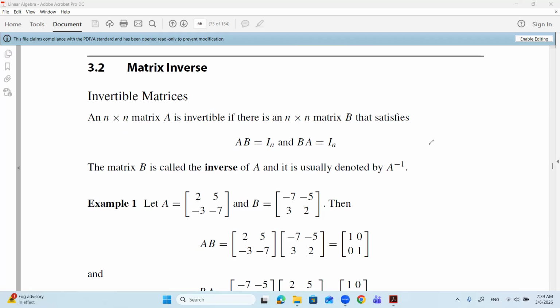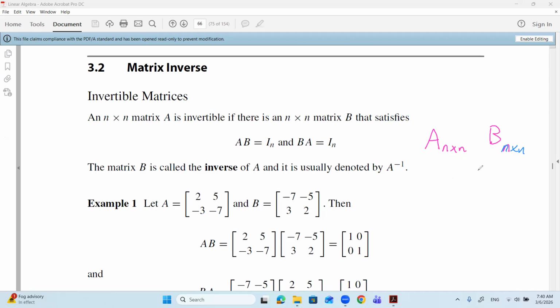So in order to multiply A and B, we know that the row number of B has to be equal to the column number of A. So in fact, we also have B as a square matrix. So B is also n by n.